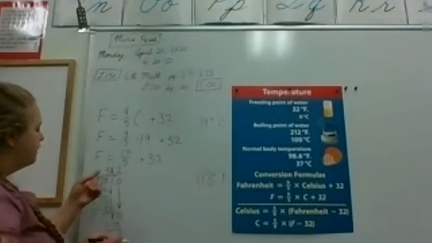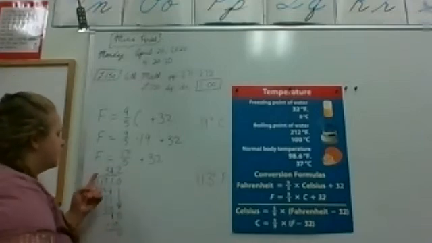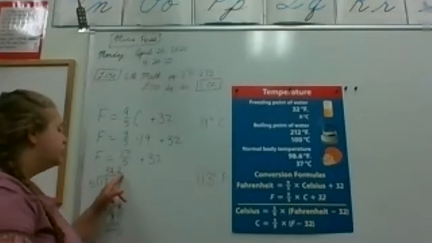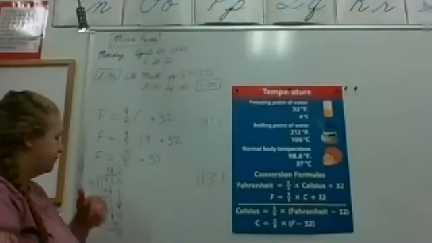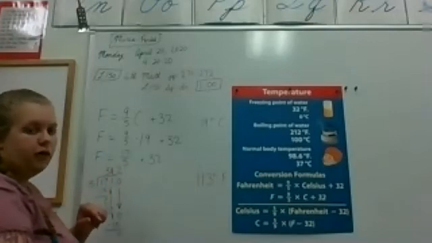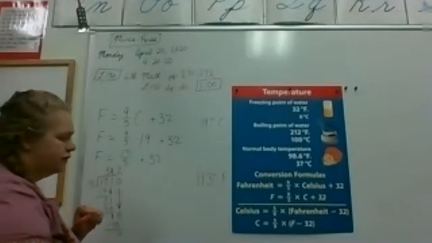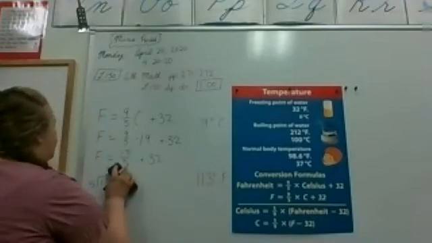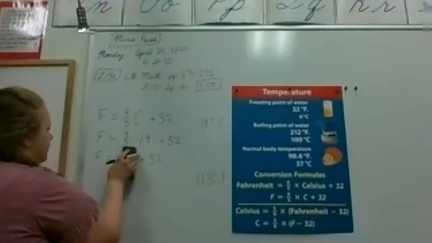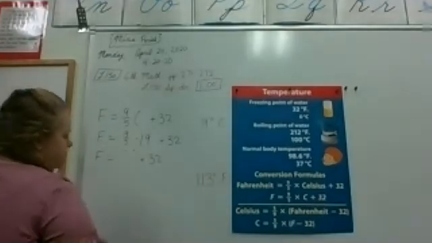Okay, so 34.2 is 34, is 2 bigger than 5 or smaller than 5? Smaller. So does that make 34 go up or stay the same? Stay the same, okay? So we really have 34 degrees to add to our 32, okay?